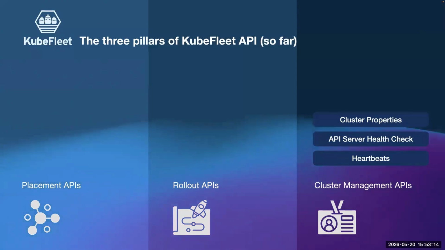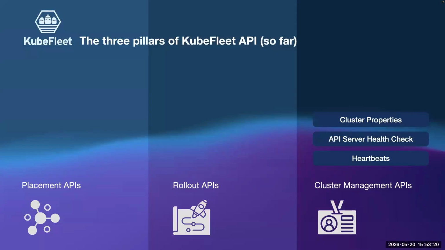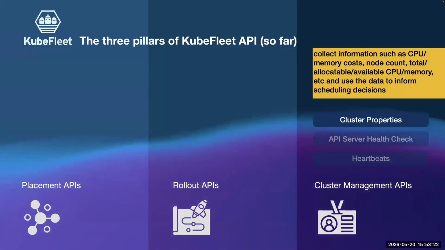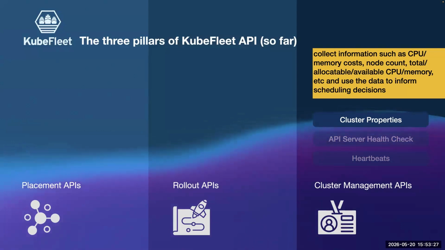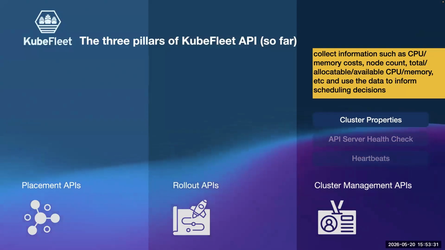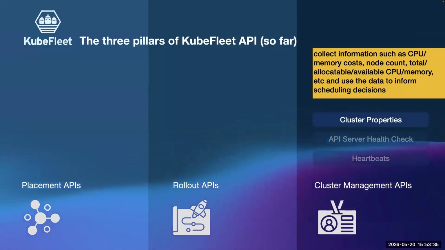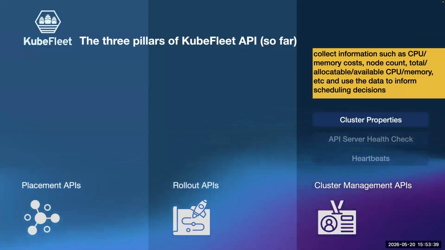A key feature of the cluster management API will be cluster properties. This is a system that allows platforms like Azure to expose information like per CPU core cost, per gigabyte of memory cost, node counts, CPU and memory capacity, etc. Expose all kinds of platform-specific information on the cluster management API.